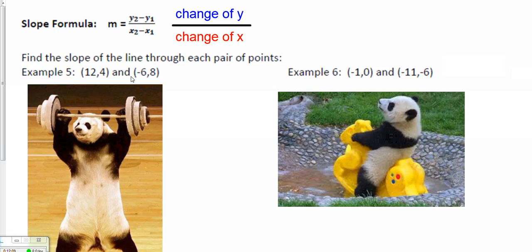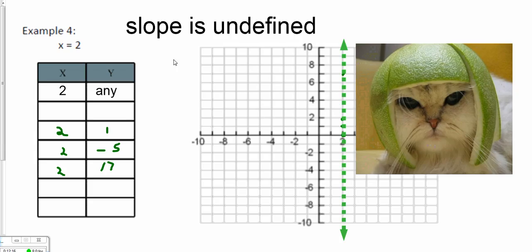Now, if we don't use the graph, if we just know the 2 points, and we want to find the slope in between them, I'm going to go back to the graph and show you what it would look like if we're going from this point to this point. But they didn't give us a picture, they just gave us the numbers, such as this point is -9, 3.